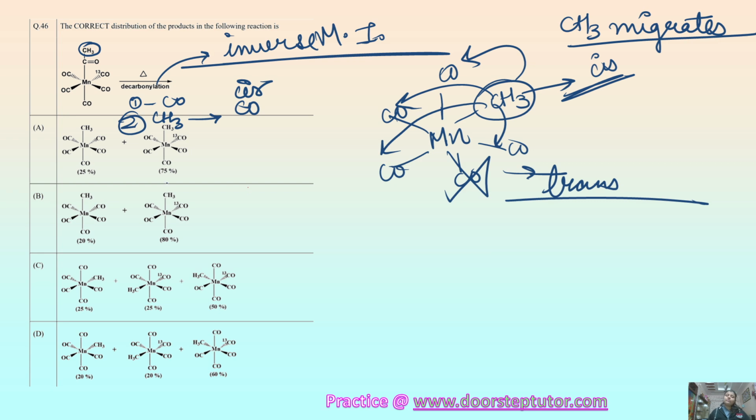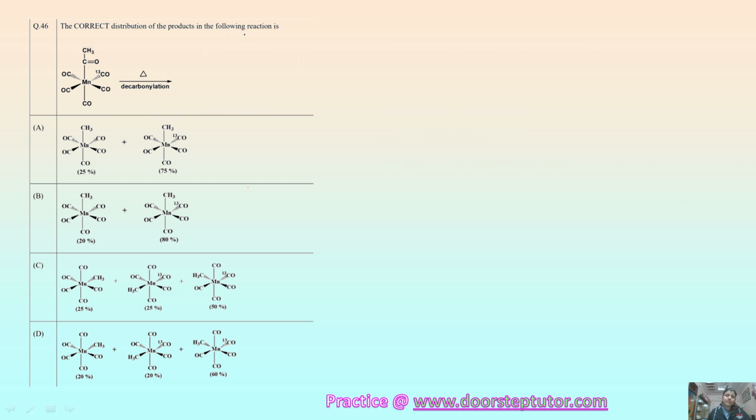Then, if you are doing this particular reaction, how are you going to proceed? You have to shift the CO. What I am trying to say is that you have this particular CH3 and you have CO, so this CO has to be removed. So in a particular manganese complex you have, for example, a 13CO. Here you have CH3.